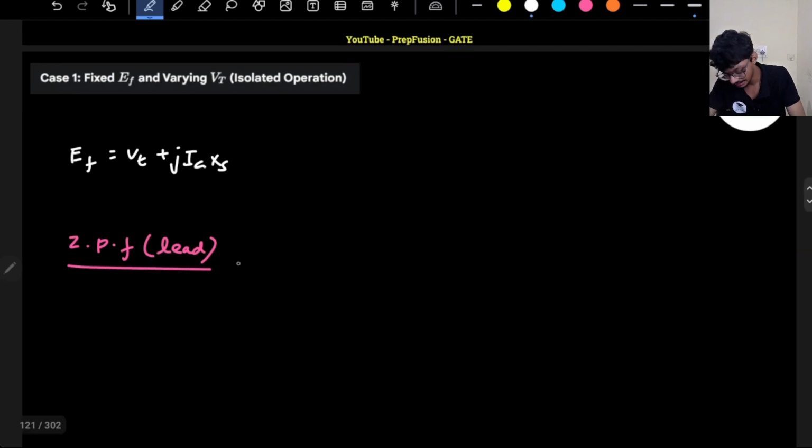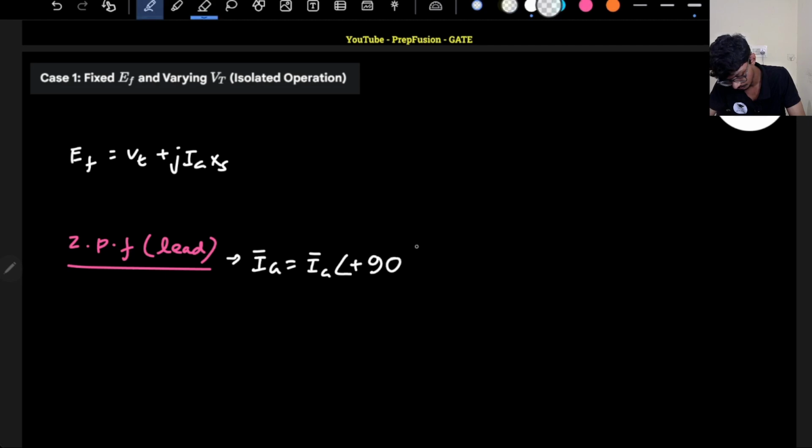If it is 0 power factor leading, that means my current IA will be IA angle plus 90, because it will lead the terminal voltage.